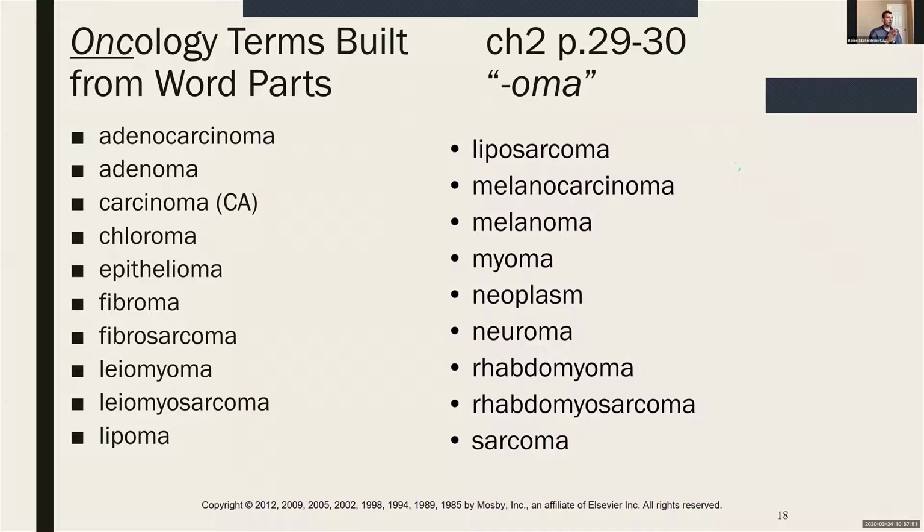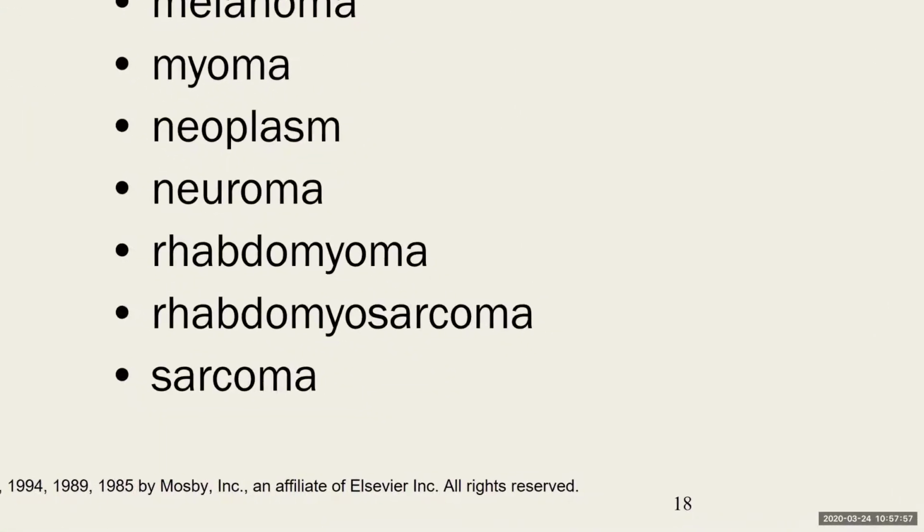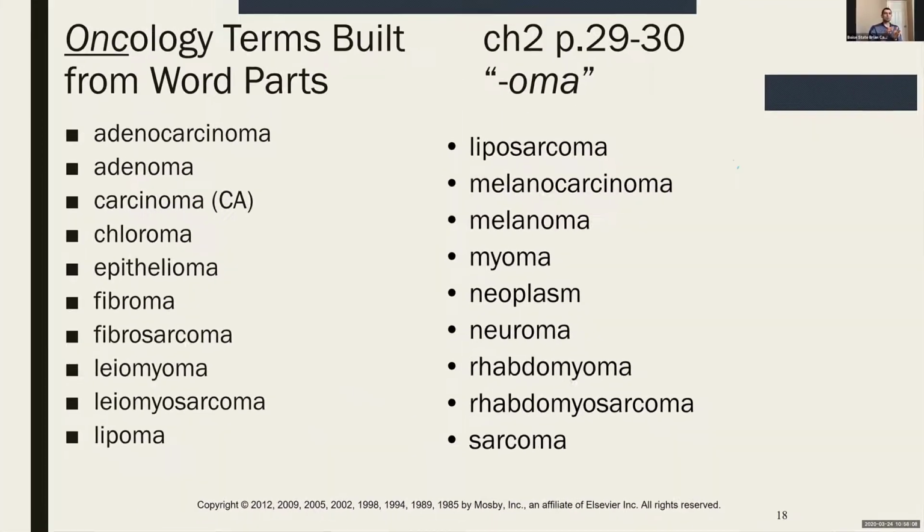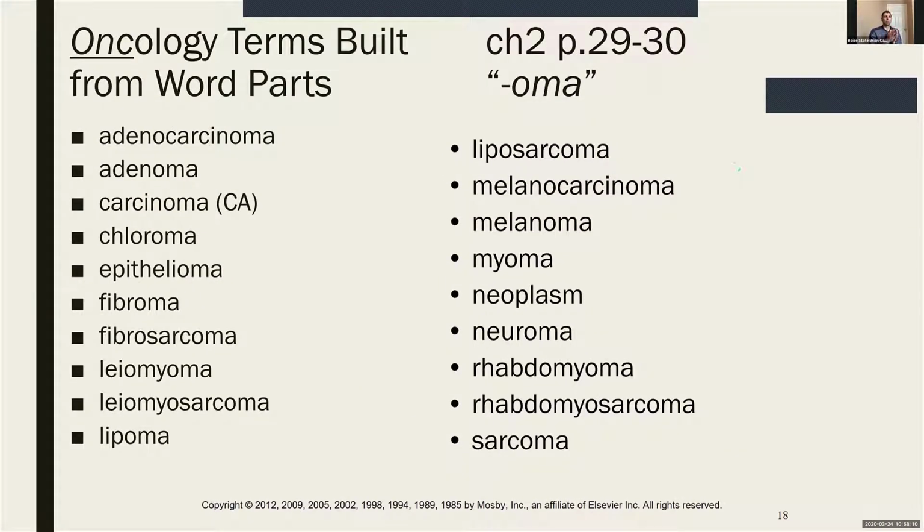So let's see here. If we take a look at the rhabdo, on the right-hand column towards the bottom, if we go back and look that rhabdo up, we see that it basically means of striated cells or striated tissue, which is typically what we're seeing in skeletal muscle tissue. So if we were to break those words apart, we would see that it's an -oma or a sarcoma.